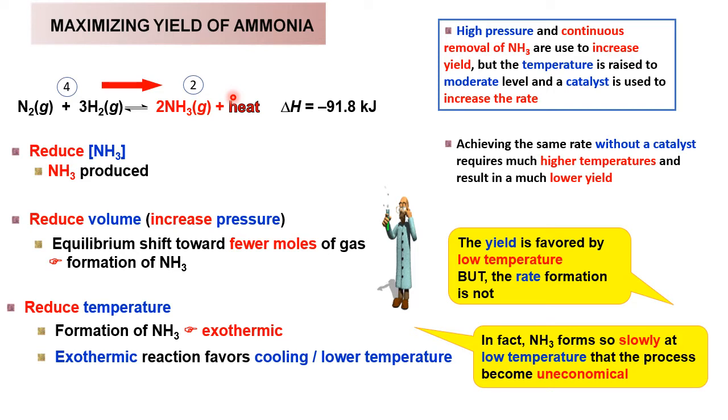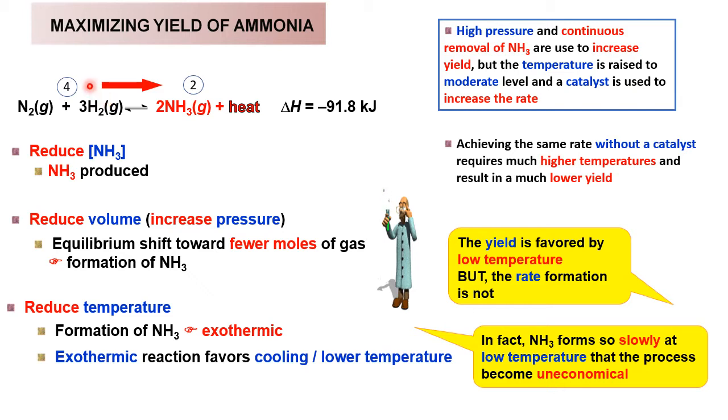If we want to maximize the yield of ammonia, we have to look at the main 4 factors, but here we exclude catalyst. So the first one, concentration: we try to reduce the concentration of ammonia in order to produce more ammonia. Next, volume.